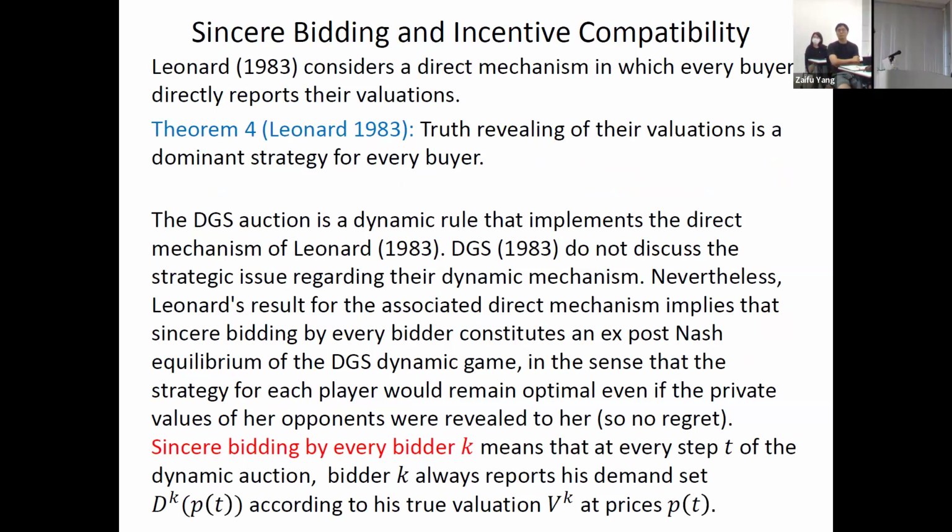Quick question. In this model, the core and competitive equilibrium coincide in this particular case, and the equilibrium price has a lattice structure, so there is a minimum, or rather an infimum.